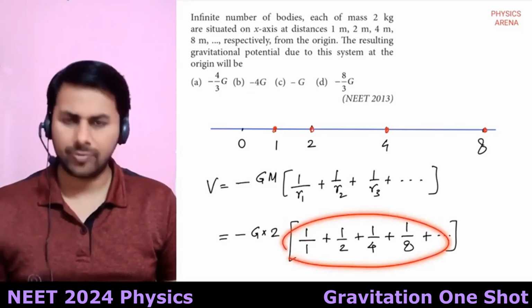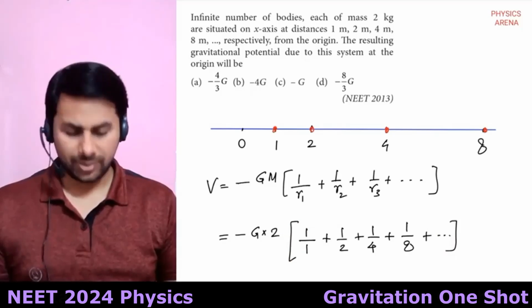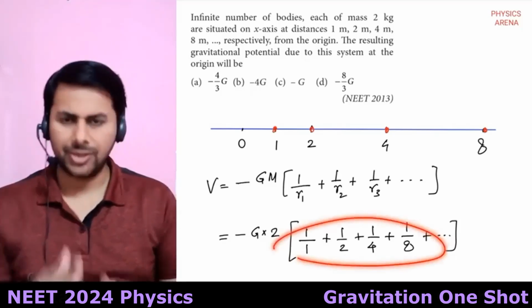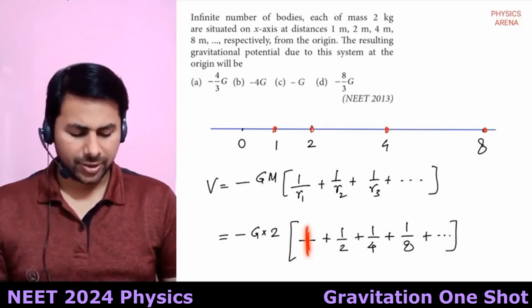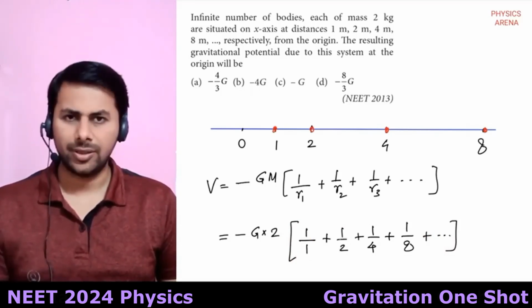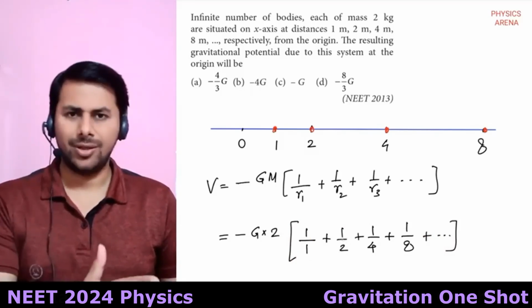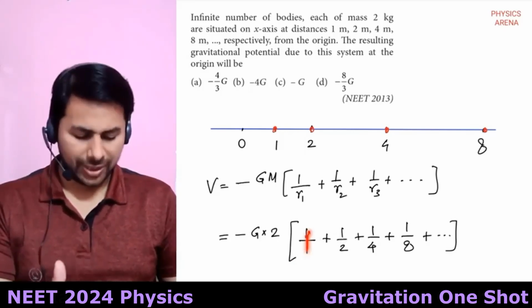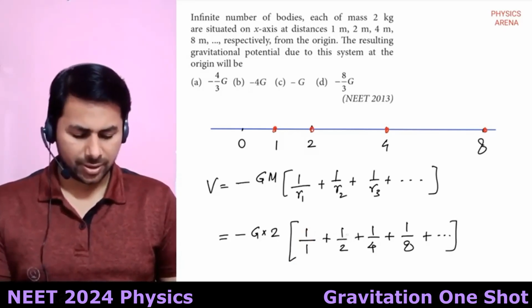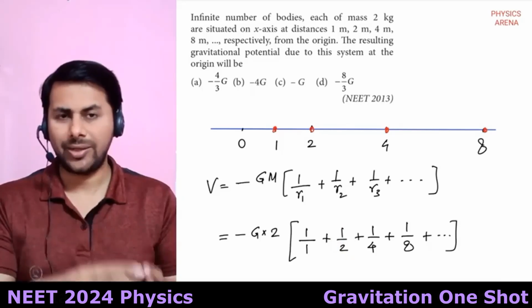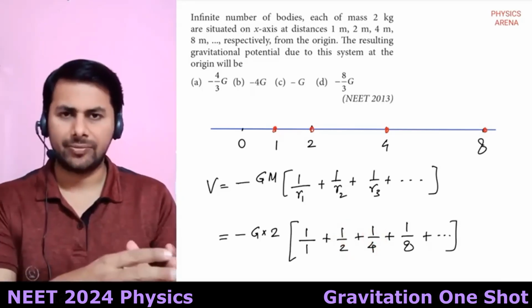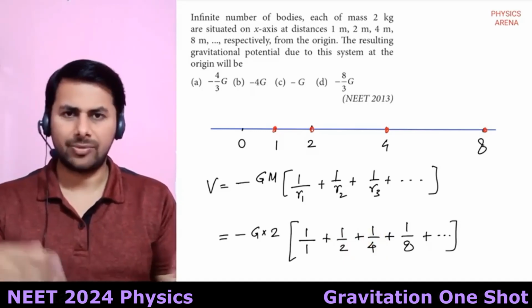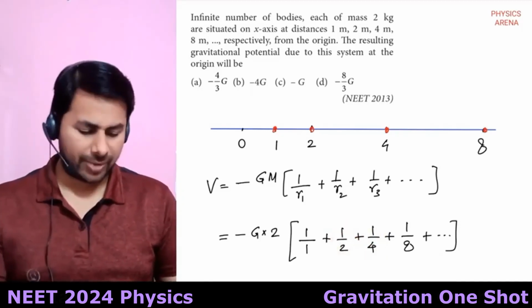This is a geometric progression, GP. Okay, and its ratio is 1 by 2. First term is 1, ratio is 1 by 2. Okay, if you divide the second term by the first term, you will get 1 by 2. If you divide the third term by the second term, again 1 by 2.